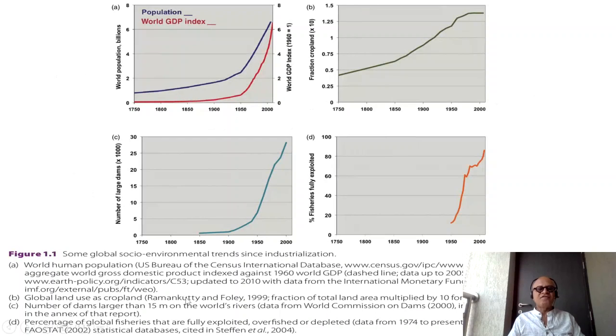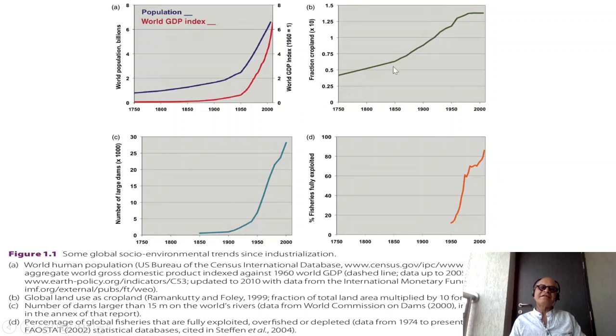This is one figure from the book on how things have evolved. This is going back to the Industrial Revolution, looking at population. So there is the population explosion there, but the so-called population bomb in terms of starvation didn't quite materialize because world GDP index has also increased during the same time, with 1960 being 1. So this is a relative scale.